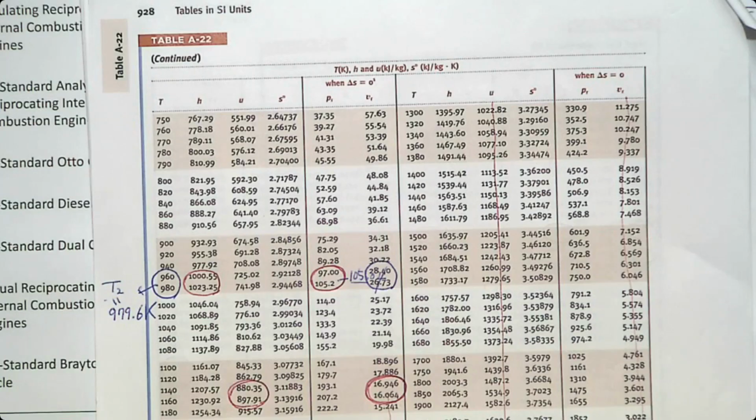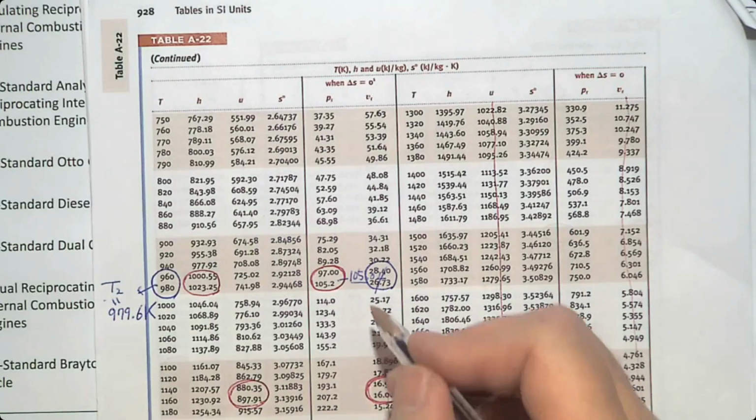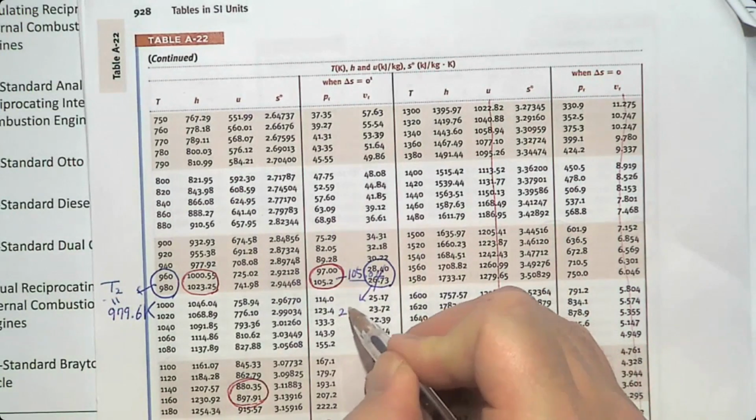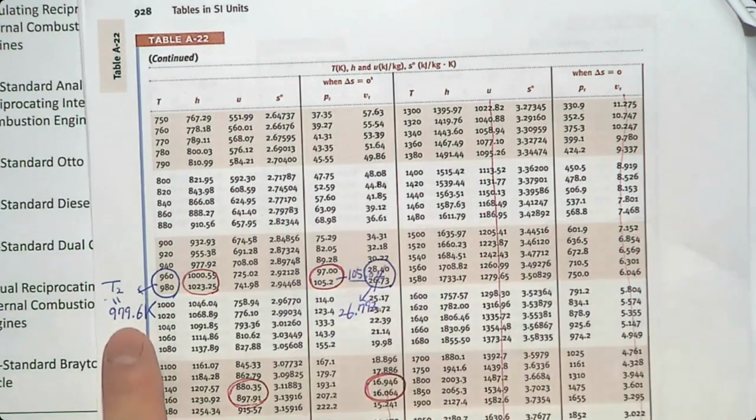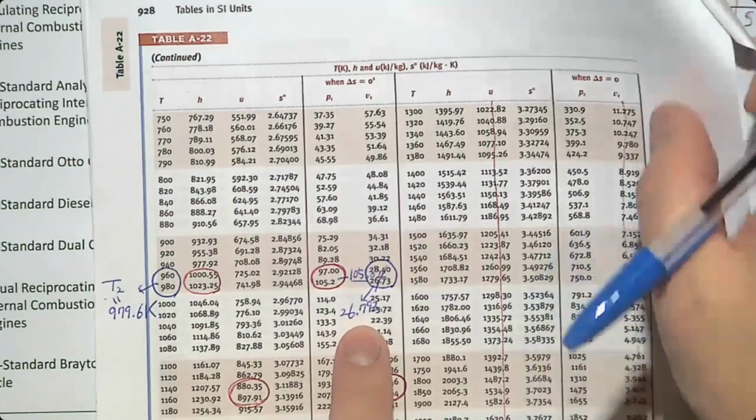And VR2, do I have it? 26.793. So we can use these two values.